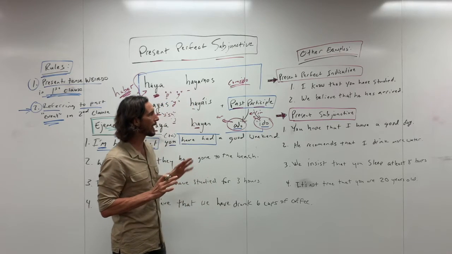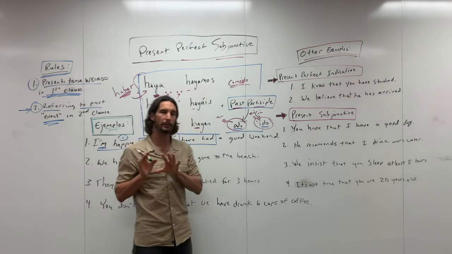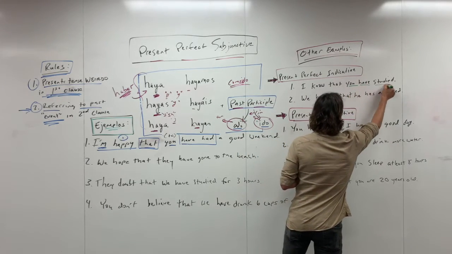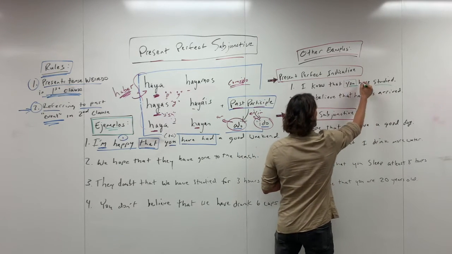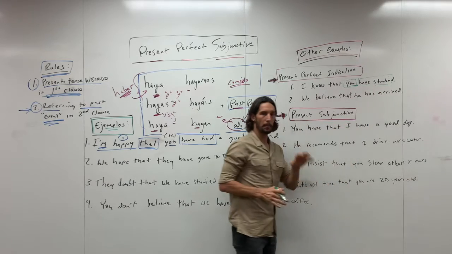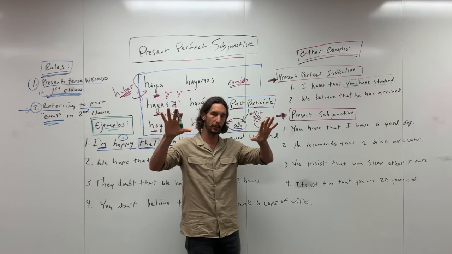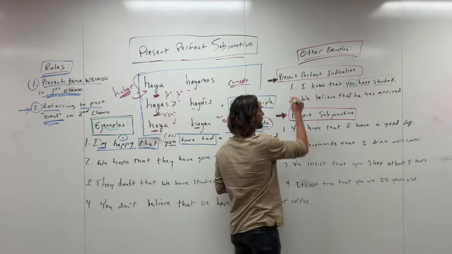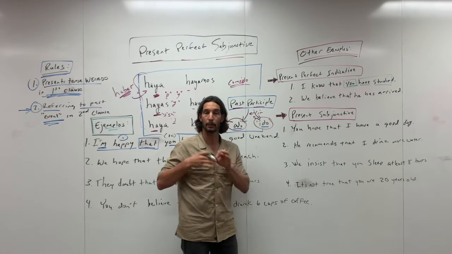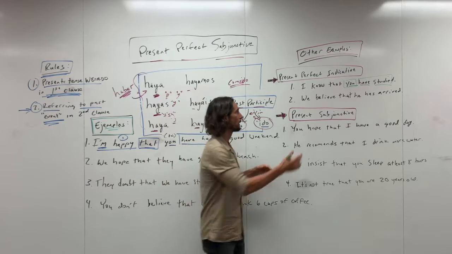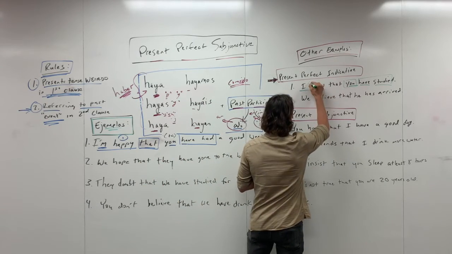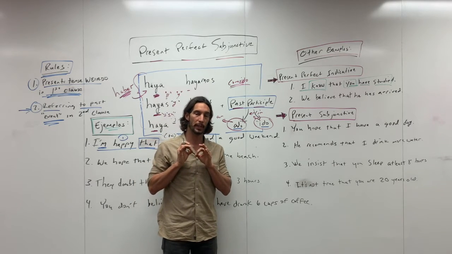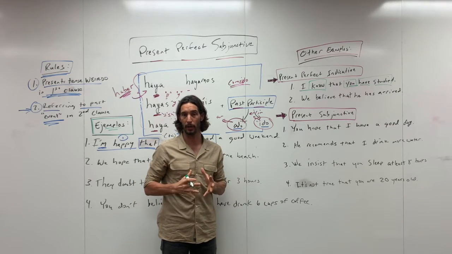And notice that I know that you have studied. And again, the perfect tense part is right here. This is the subject, of course. And then have studied. Helping verb, past participle, right? Now, what's going to make it indicative as opposed to subjunctive is this verb right here. That's the verb that is in this case a non-weirdo, right?